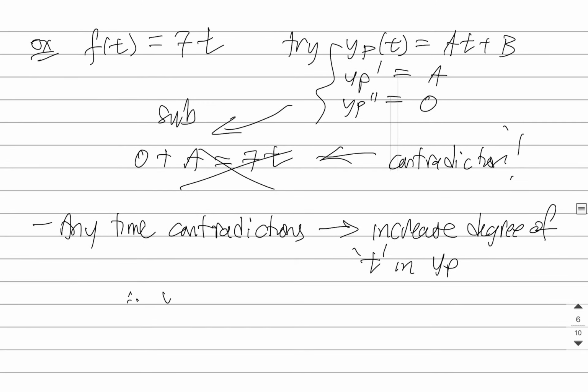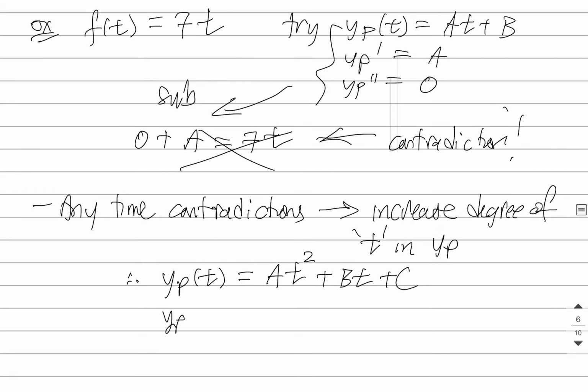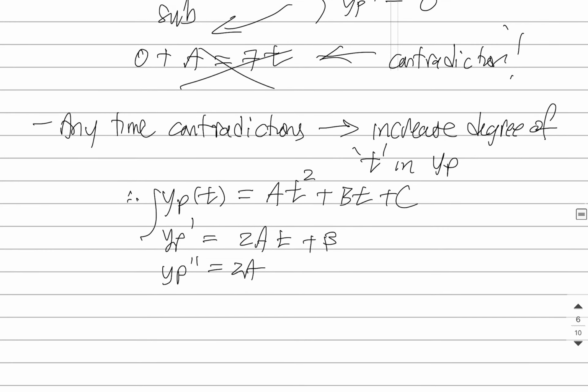So here I would try the particular solution as at squared plus bt plus c. The first derivative would be 2at plus b. The second derivative would be 2a. You plug all that in, 2a plus 2at plus b equals the right-hand side of 7t.